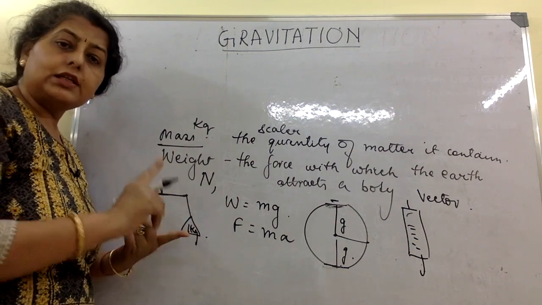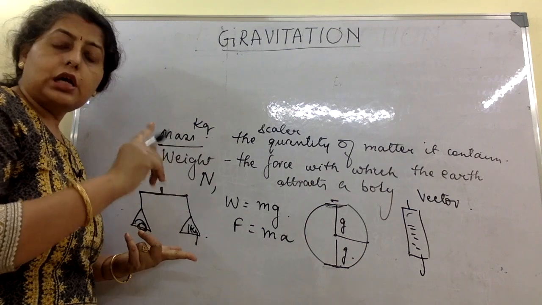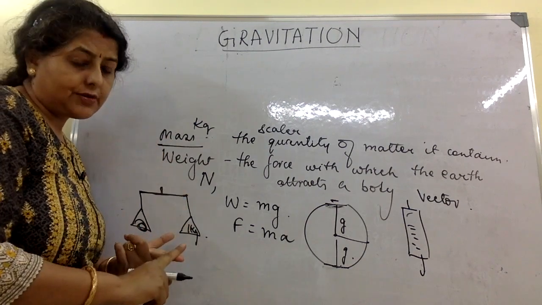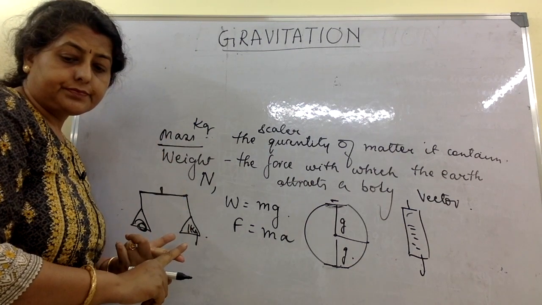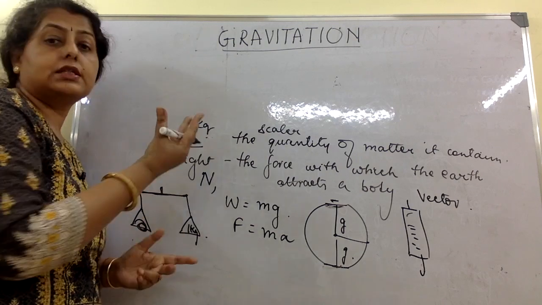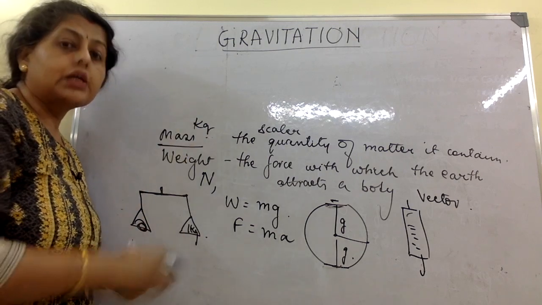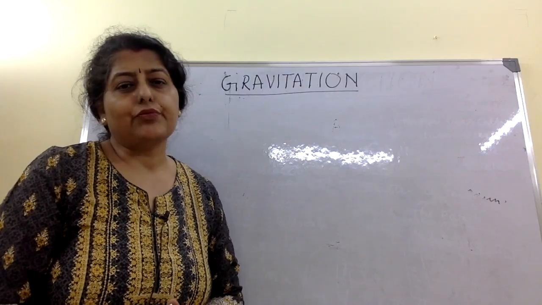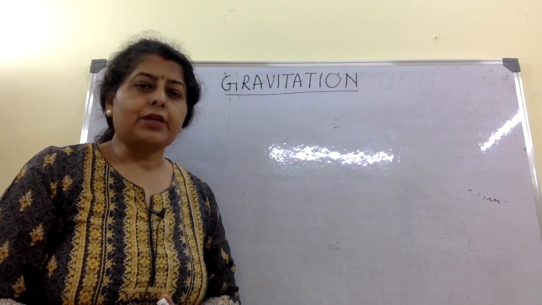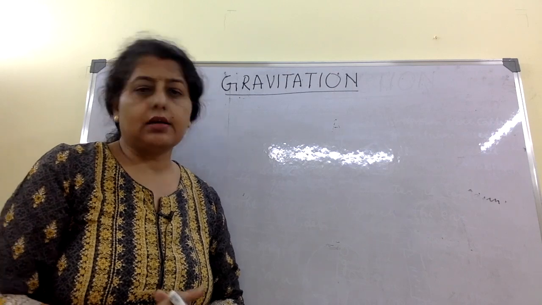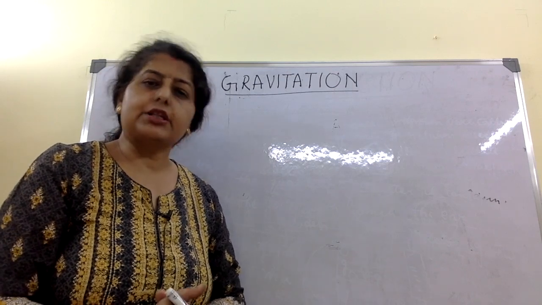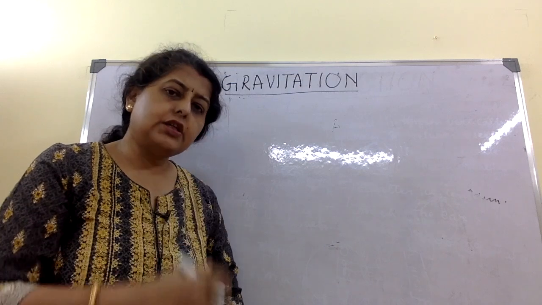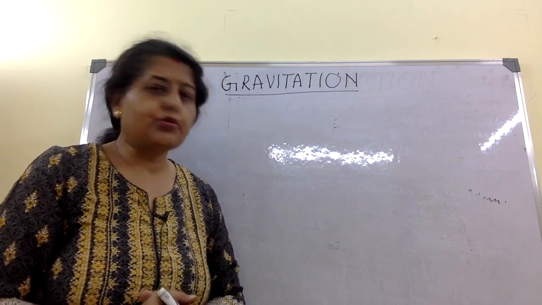Quickly: scalar or vector, unit, how we measure it, does it change from place to place, and then the definition itself becomes a difference. So that is the basic difference between mass and weight. This is what the concept of gravitation was. Based on this there are some numericals which I have already uploaded. So this video will clear all your doubts about gravitation.